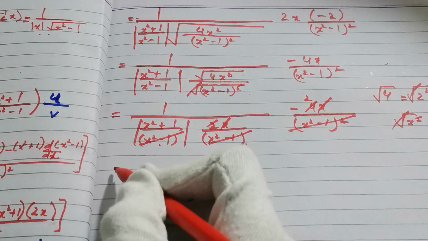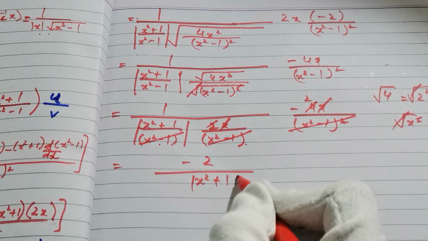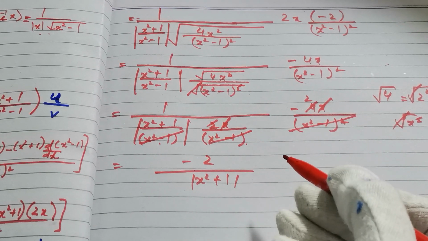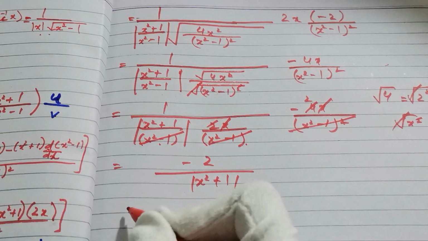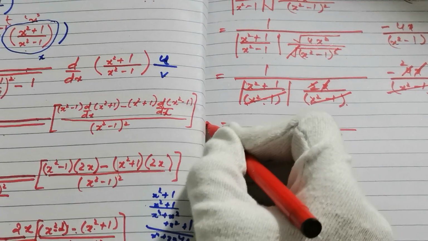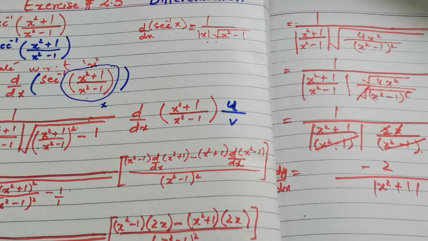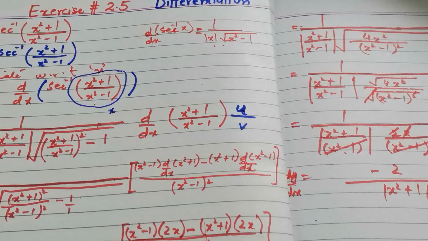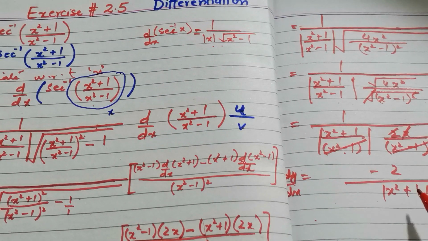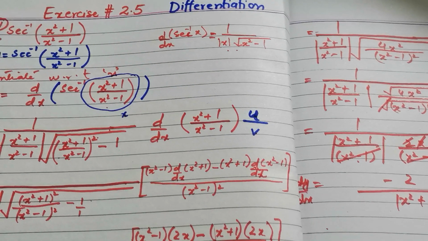What is left is minus 2 by mod of (x square plus 1). So dy by dx, the derivative of secant inverse of (x square plus 1) divided by (x square minus 1), is equal to minus 2 divided by mod of (x square plus 1), which is our required solution.